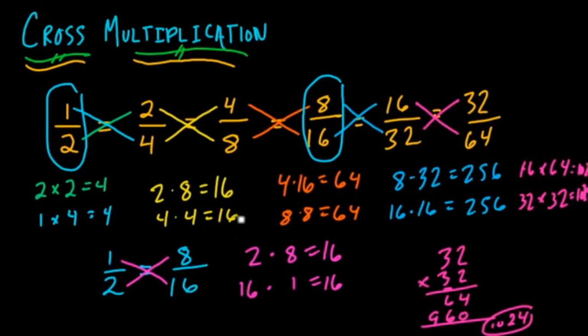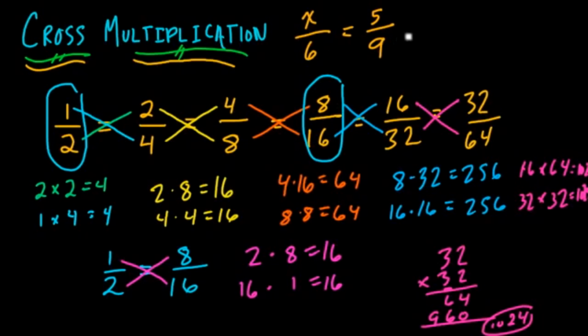What ends up happening, and I'll clear this off. Let me use this little space up here. What ends up happening with cross multiplication is you use this observation that multiplying across gives equivalent values to solve for x. So for example, let's say you have x, and it's in a fraction. So we have x over 6. And we know it equals another fraction. Let's say 5 over 9.